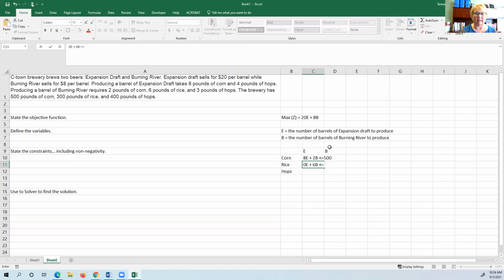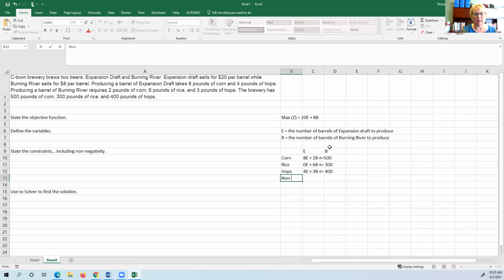Okay, and so then that has to be less than or equal to 300, we only have 300 pounds of rice available. And for our hops, for each Expansion Draft, it takes 4 pounds of hops. So 4 for each E plus 3 for each B, right? Because it's 3 pounds of hops for Burning River. And we have available 400 pounds of hops.